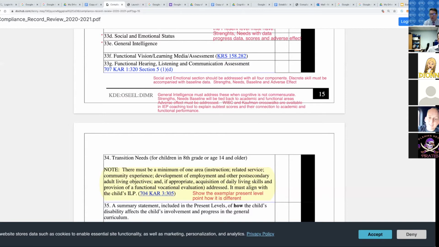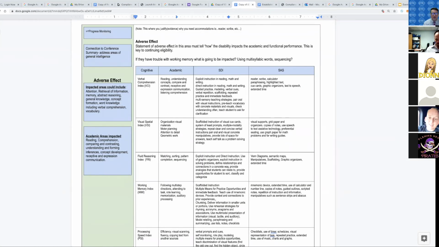If they have those, put it in a visual way that we could see it. This is the WISC verbal comprehension index, the academic impact, what we would do for special design instruction, and how that would impact our selection of supplementary aids and services for that student in general.